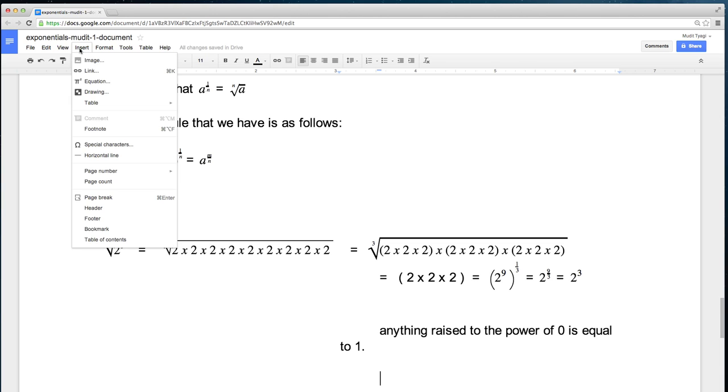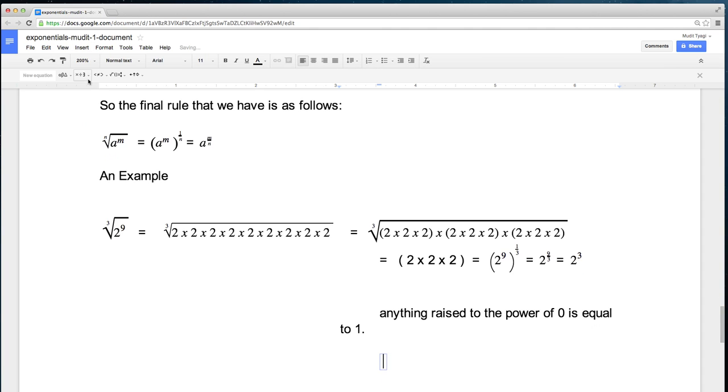So let's write this down in a mathematical form here. So we just use our Google tools and we say a raised to the power of 0 is equal to 1. Very important rule to remember, last but not the least.